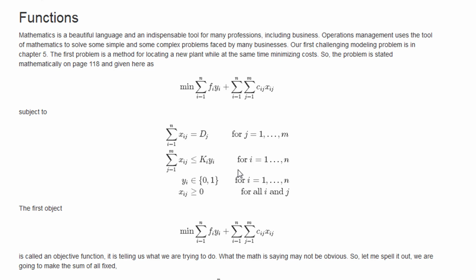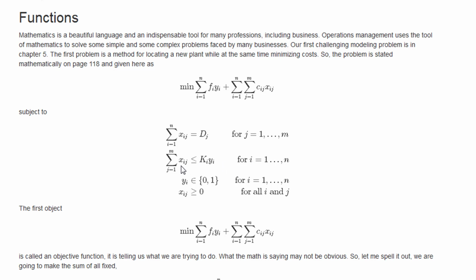Now, this phrase right here is slightly different. This is more about production. K sub i, that's the capacity at production facility i. And I am going to have one of these objects, so there's not just one of them, there are actually n of them. There is one for each production facility.